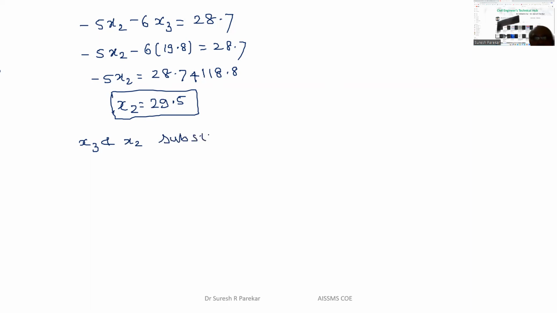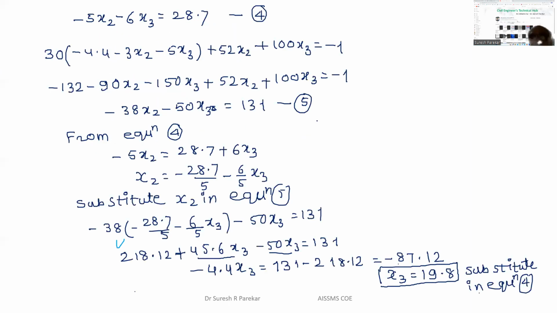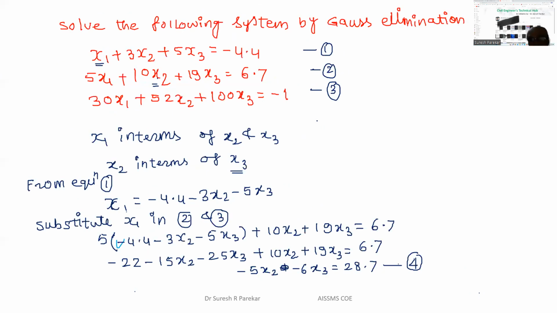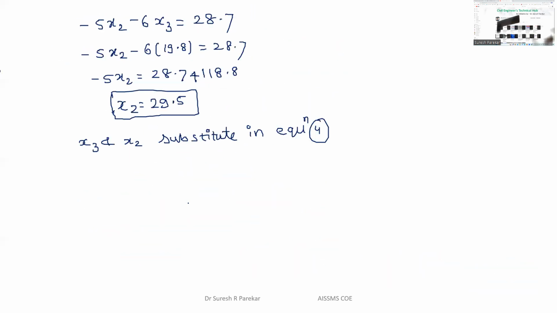substitute in equation 4. Now you can see what our equation 4 is. Sorry, not in equation 4. We have not given any name to this equation, so I will say capital A. We have x1 is minus 4.4.